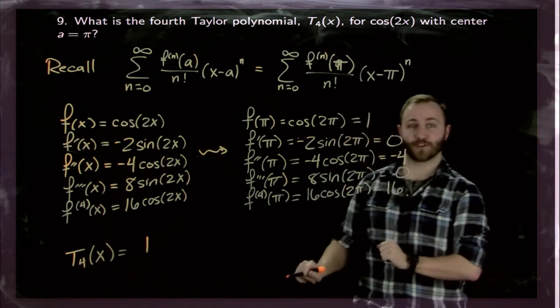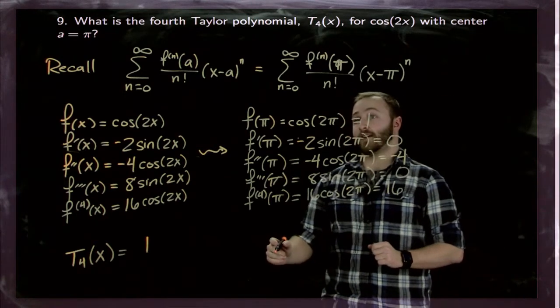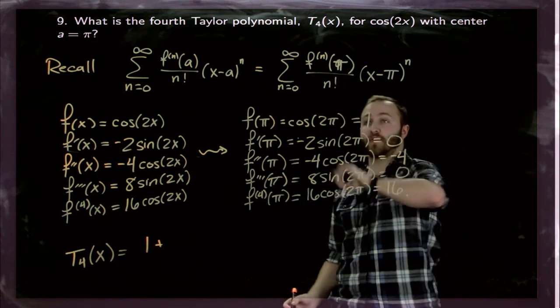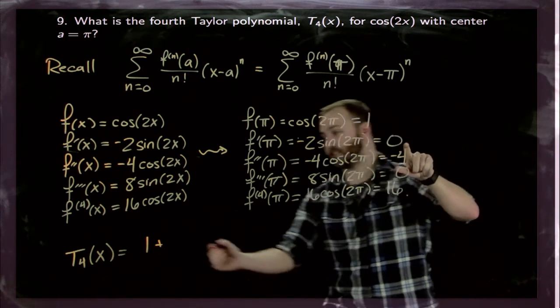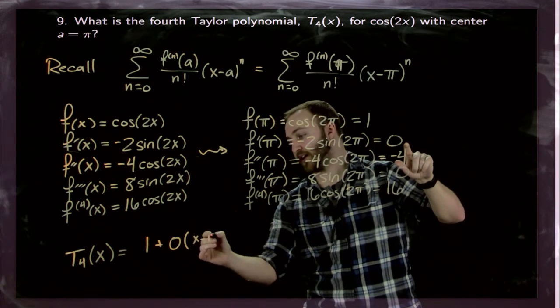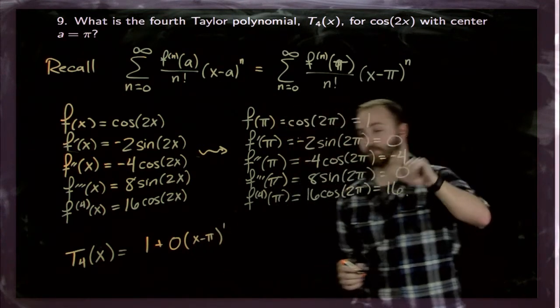So our first term is just going to be 1. Next, we have plus the first derivative of f at pi, which we found to be 0. So we get 0 times x minus pi to the first power.